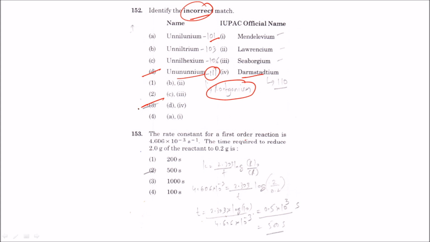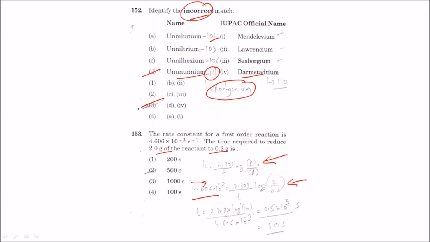The rate constant for a first order reaction is given as 4.606 into 10 to the power minus 3 per second. Time required to reduce 2 gram of the reactant to 0.2 gram is. So for the first order reaction, you can use the equation there. K is equal to 2.303 by t into log of R naught by R. Just substitute the values there. 4.606 into 10 to the minus 3 equals 2.303 by t into log of 2, that's R naught initial 2, right, and reduced to 0.2 grams, so 2 by 0.2.